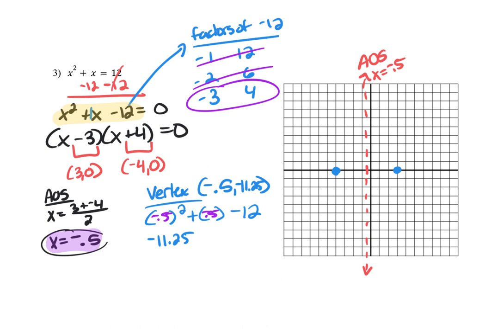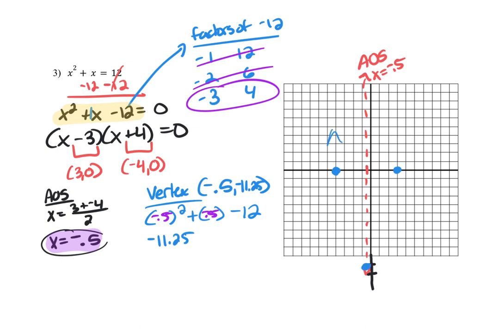So I go over here, 1, 2, 3, 4, 5, 6, 7, 8, 9, 10. So I'm going to have to extend my graph just slightly. 11, 12. So -12.25 is just a little bit underneath my -12.